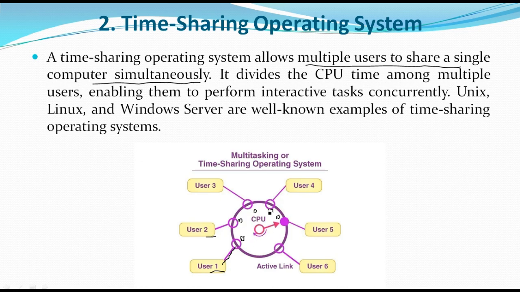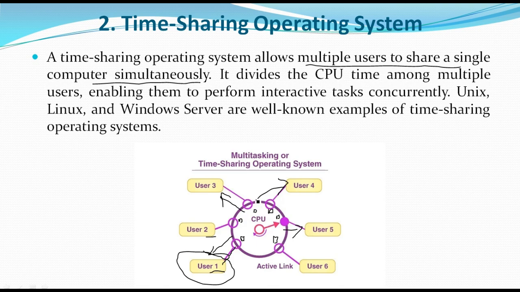Each time quantum is allocated to each user. The user thinks that the system is dedicated to their work only. User 1 thinks the entire system is allocated to me. User 4 thinks the same. User 3 also thinks the same. Fifth also, sixth also.